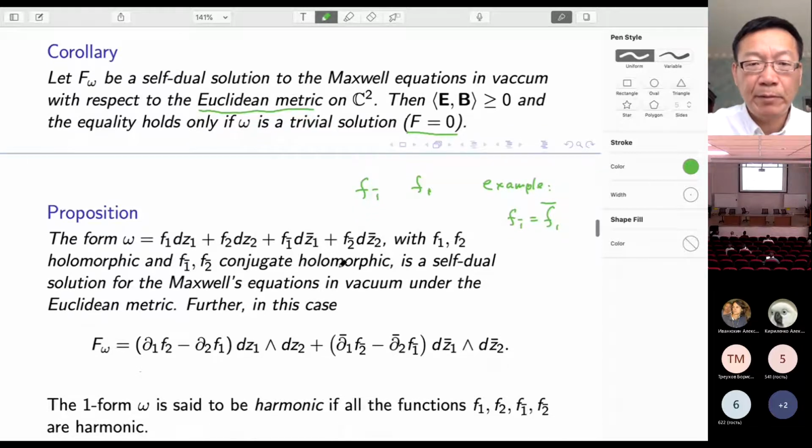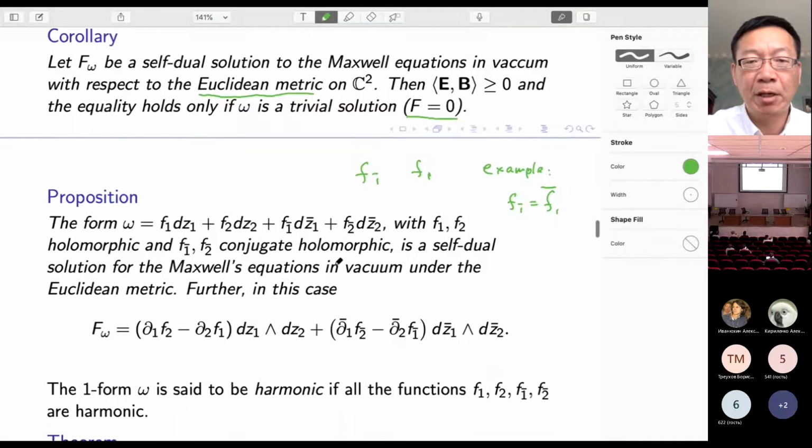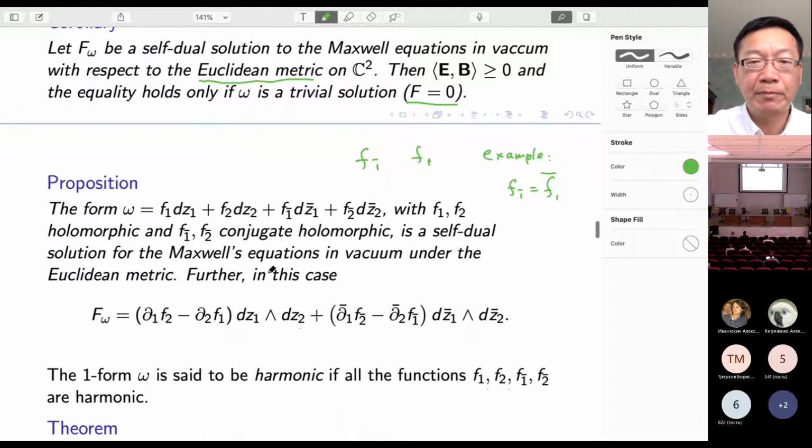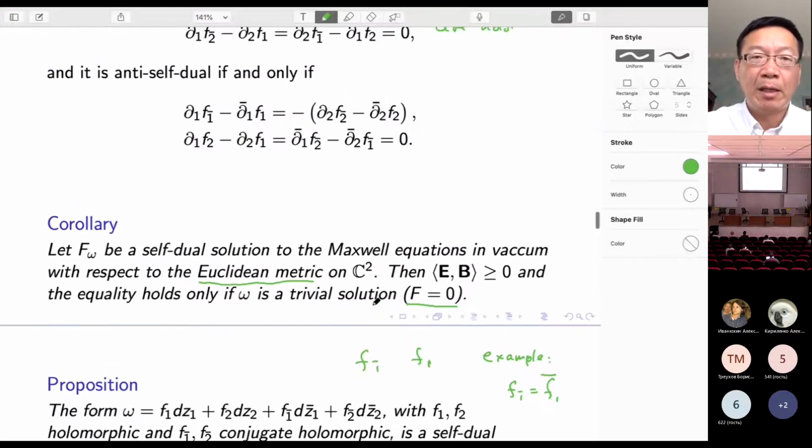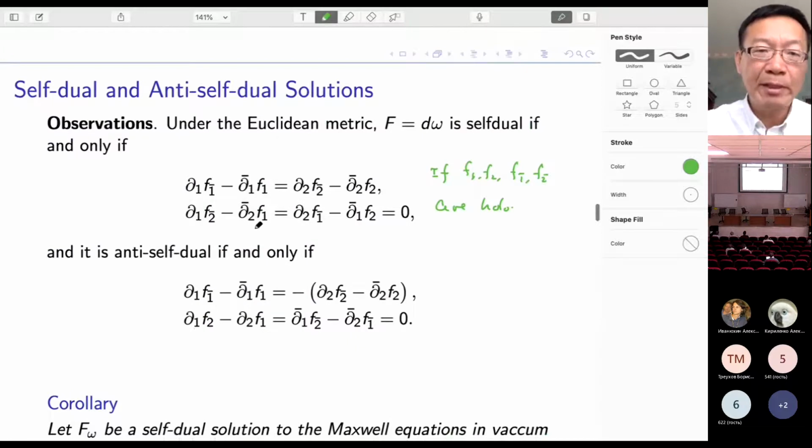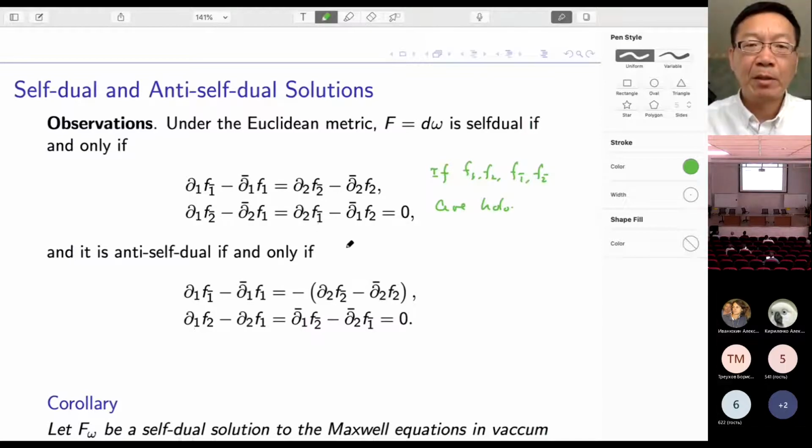And in the case F1, F2 are holomorphic, F1 bar, F2 bar are conjugate holomorphic, it is a self-dual solution to Maxwell's equations in vacuum under the Euclidean metric. Moreover, in this case, the Faraday field is given by this, which is non-zero oftentimes. So this means that just by reinterpreting the Maxwell's equations using complex differential forms, we obtain very naturally non-trivial solutions given by holomorphic functions.